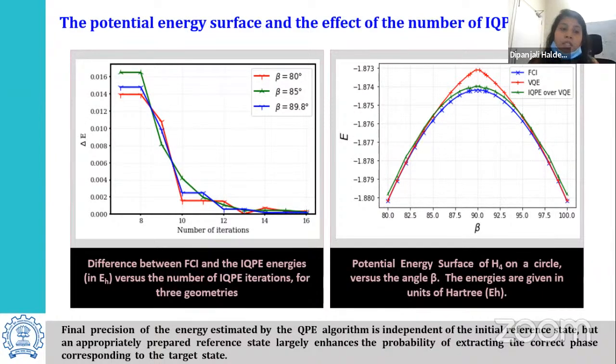It is worth mentioning at this point that the final precision of the energy estimated by the QPE algorithm is independent of the initial reference state. But a reference state with a very high overlap with the ground state largely enhances the probability of extracting the correct ground state eigenphase.